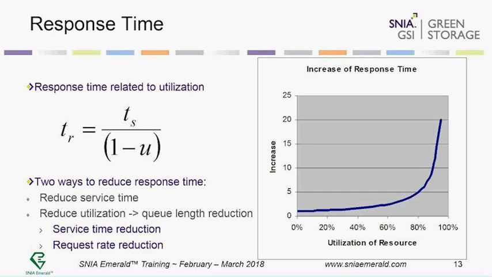And if you take a look at the formula on the left-hand portion of that slide, as the utilization, depicted there as U, becomes 100%, i.e. becomes equal to 1, the response time essentially goes infinite. So the farther we can stay away from a saturated back-end storage resource, the better off our response time is going to be, because essentially you lower the utilization and you decrease the response time.